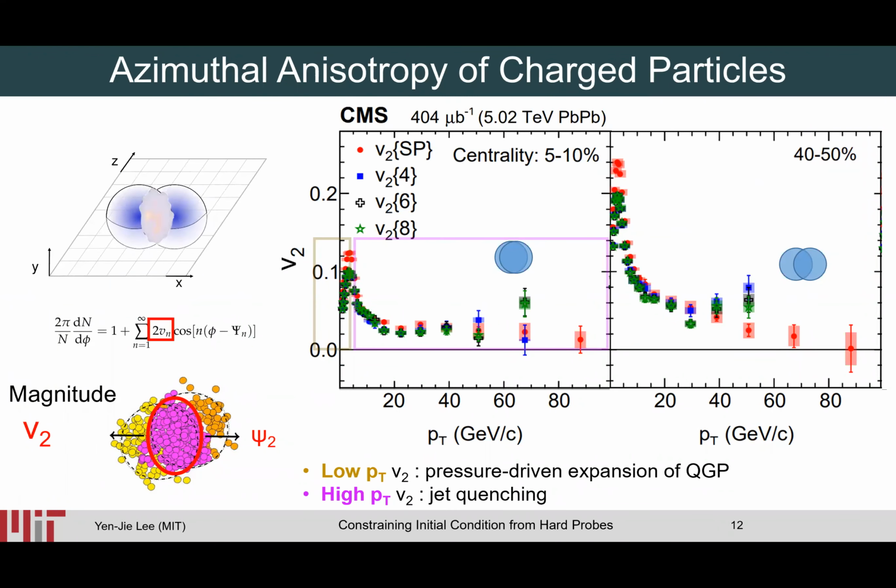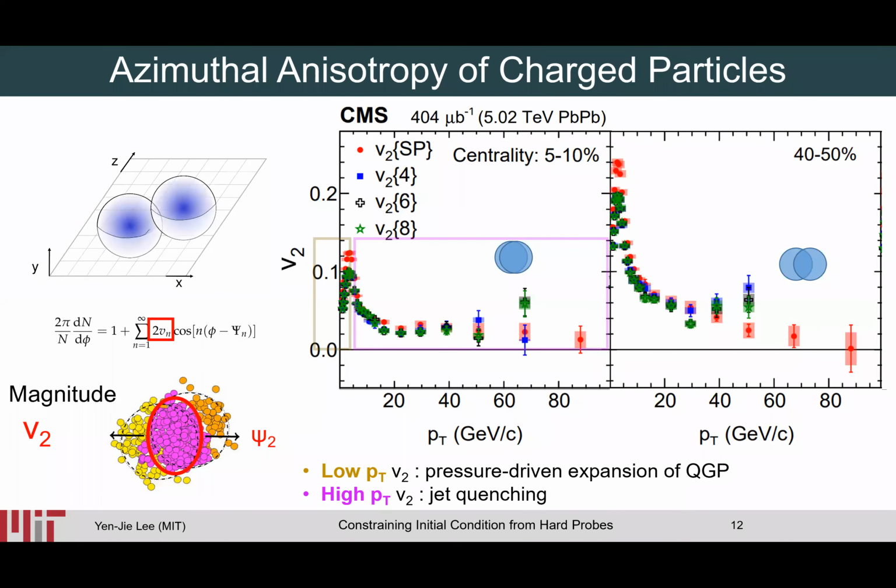estimation. The other thing which we can look into is the azimuthal anisotropy of the charged particles. I can divide the phase space into two pieces. The left-hand side is a low-pT v2, and as you already learned, the majority of the workshop is actually on the pressure-driven expansion of the quark-gluon plasma, this flow signal, and that is shown in the left-hand side of this diagram.